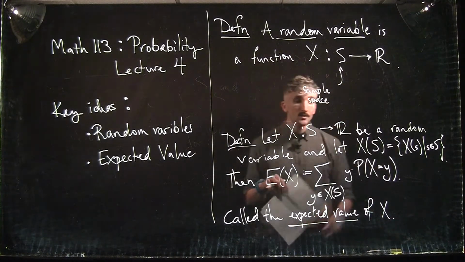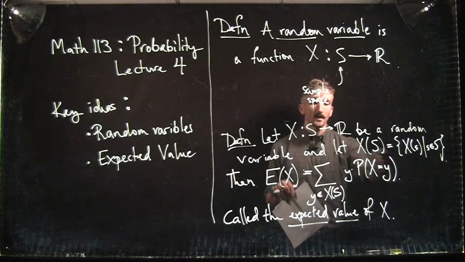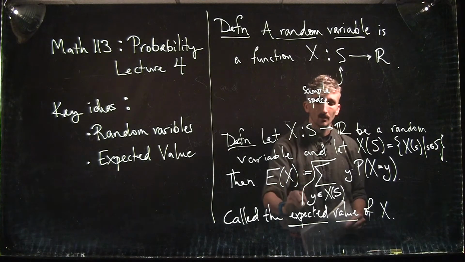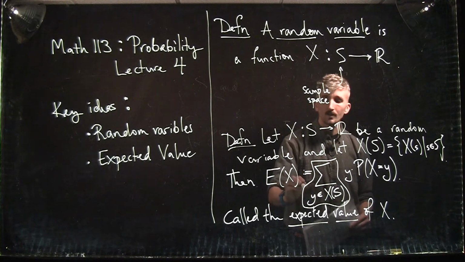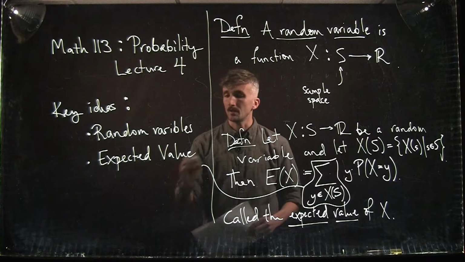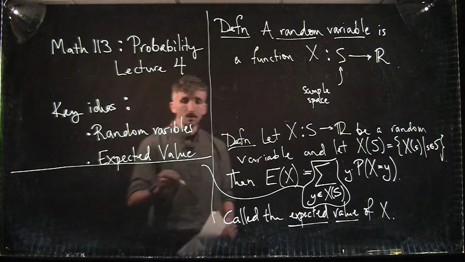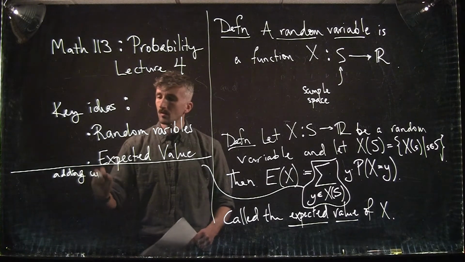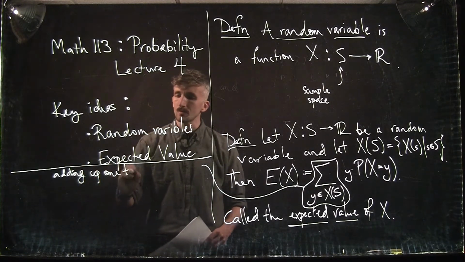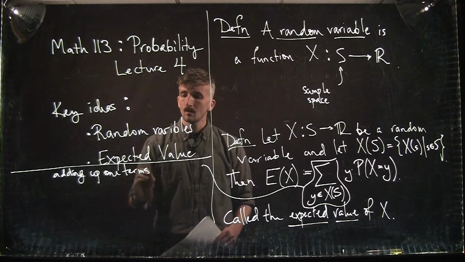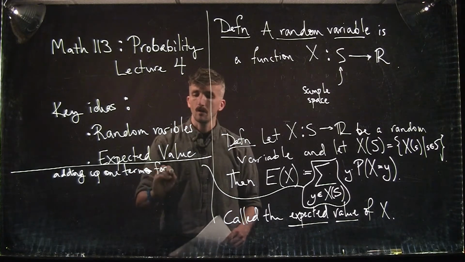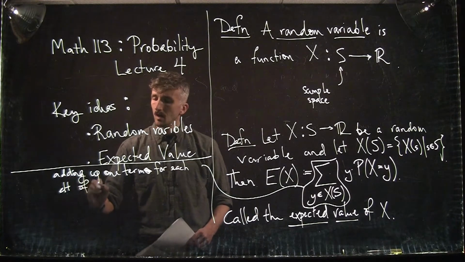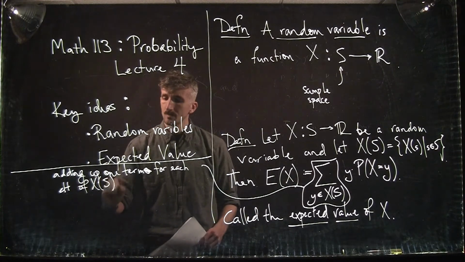Okay, let's spend a little bit of time unpacking this statement. Let's start with the sigma notation here. What in the world does this mean? Well, coming over here, here we're just adding up a bunch of terms, one for each element of the image, X(S).